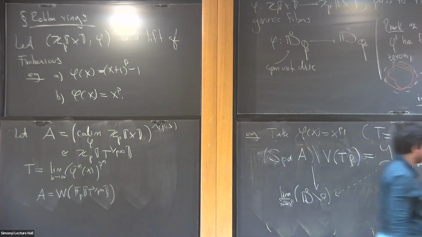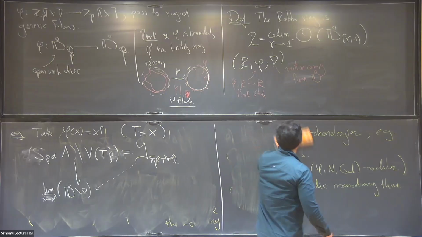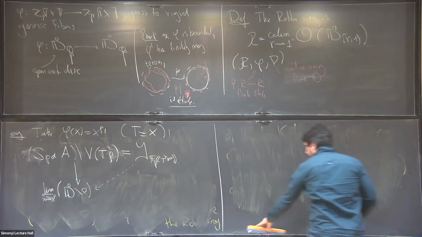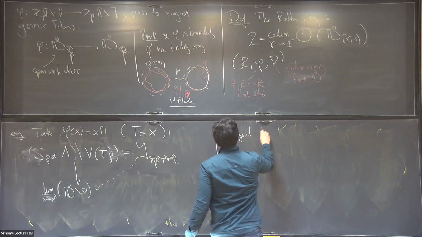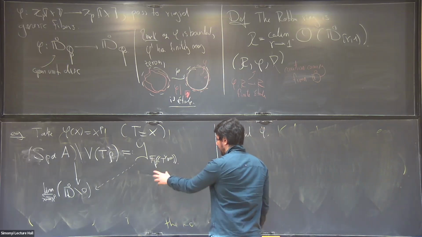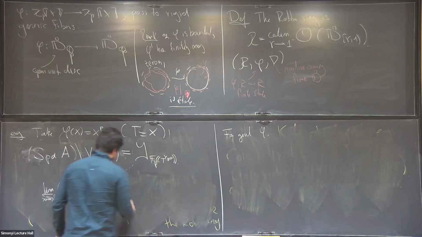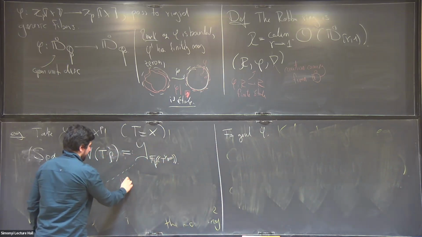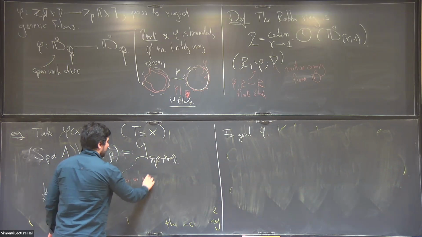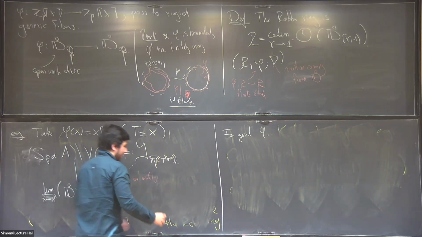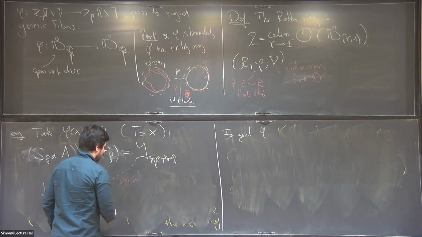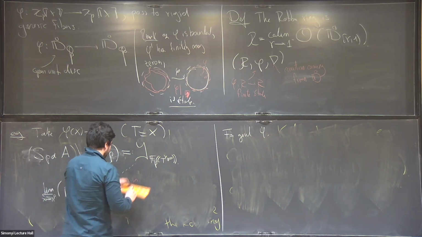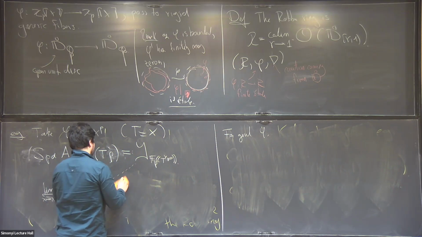So in general, for a general Frobenius, maybe some feature of that is that this is an isomorphism on underlying, well, basically it gives rise to an isomorphism in diamonds.